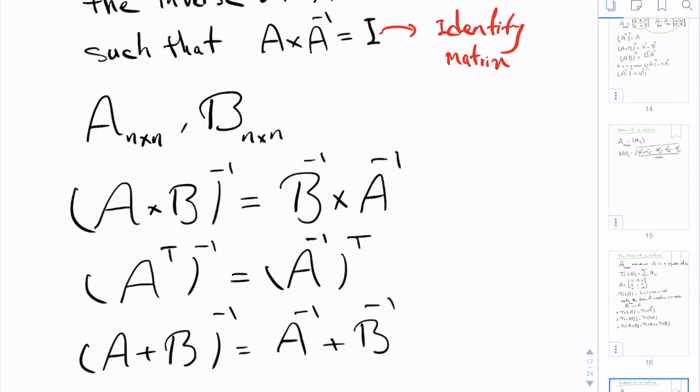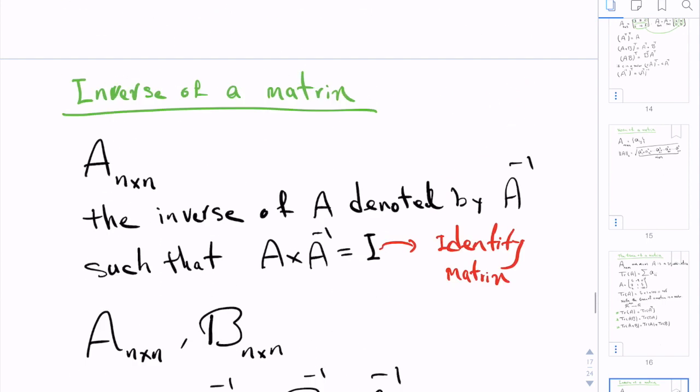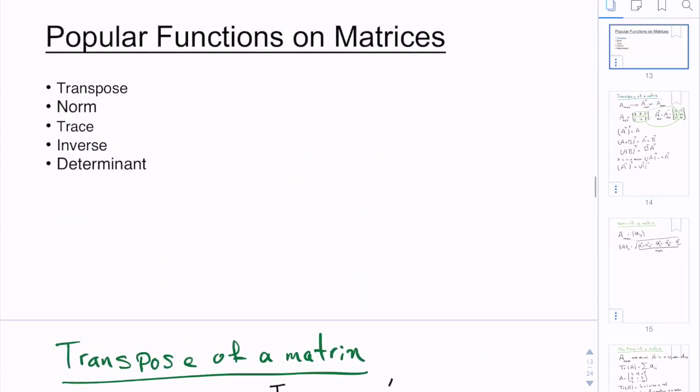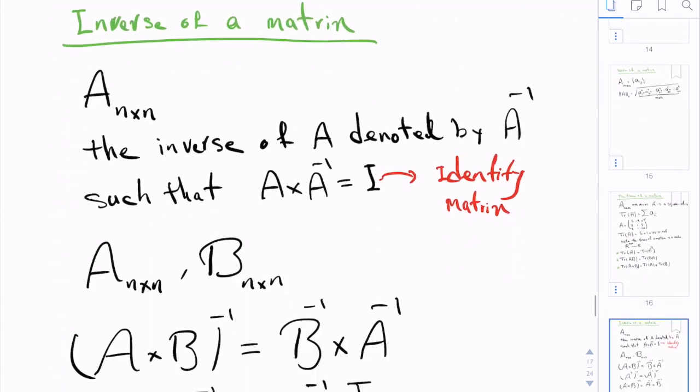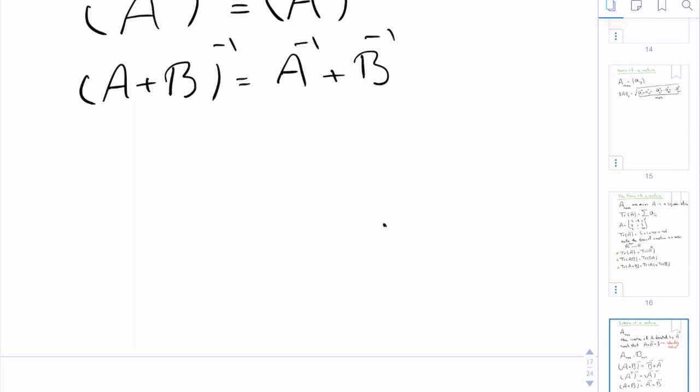There are some methods to reduce the computational complexity, but in general we want to avoid taking the inverse. And if the matrix is high dimensional, the inverse might not be very stable. So that's all about the inverse of the matrix. And then the last type of operation is taking the determinant of a matrix.